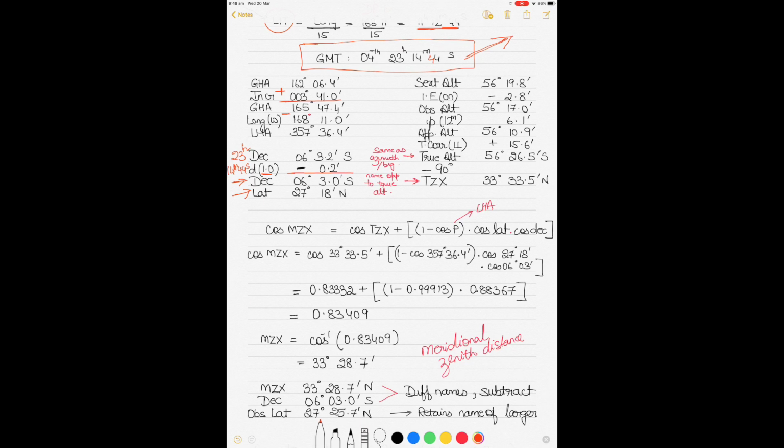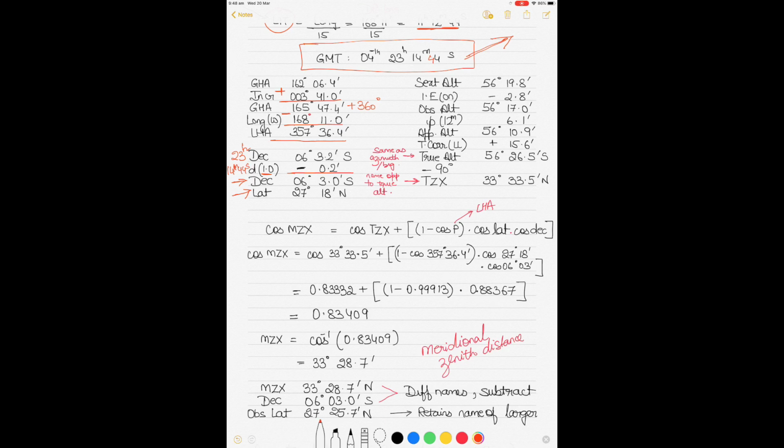What you have to do is add 360 degrees to this. Then this becomes 525 degrees 47.4 minutes. Then you subtract 168 degrees longitude to get your LHA. So theoretically the GHA is then more than the longitude. Get it?